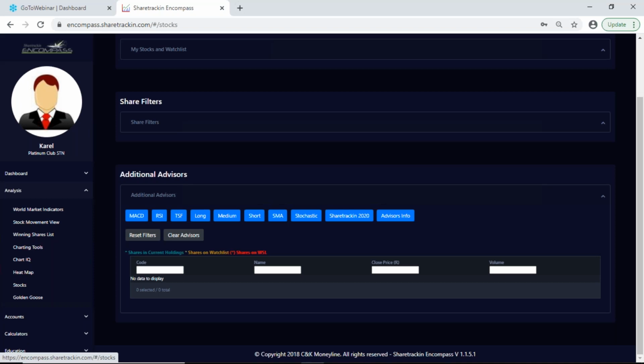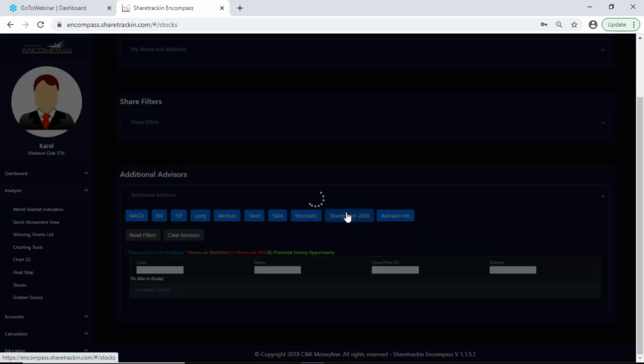So that can be used for shorter term trading, but ideally we created a tab called Sharetrackin 2020 that I would use especially for the CFD trading. So if I click on that, automatically it will load it.